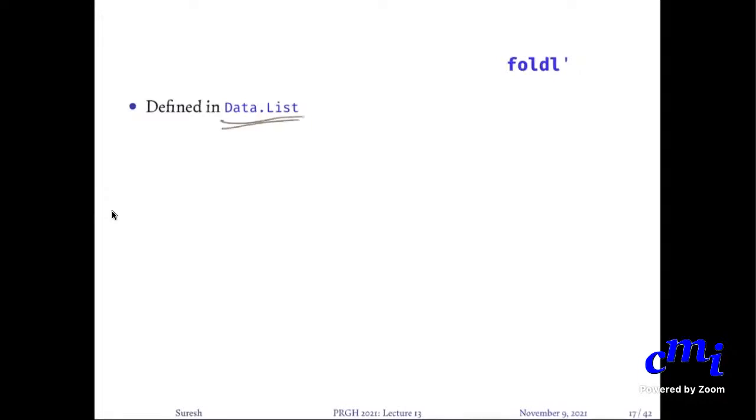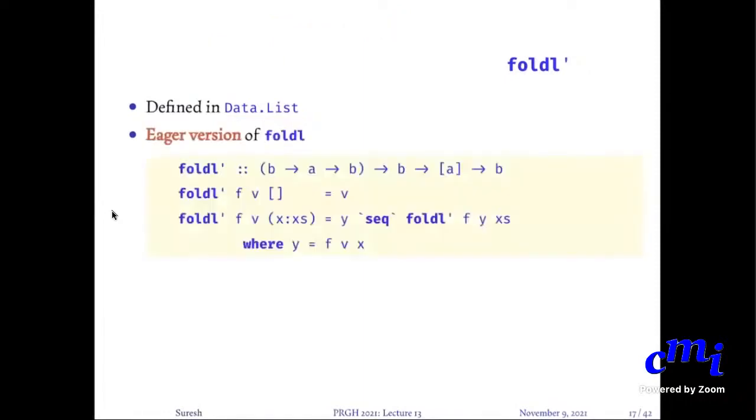You have to do import Data.List if you are using fold L prime. Really what it does is it carries not this thing, but the accumulated original value.